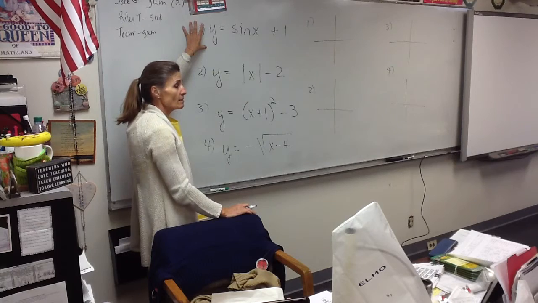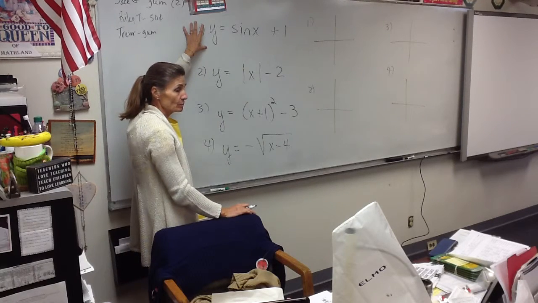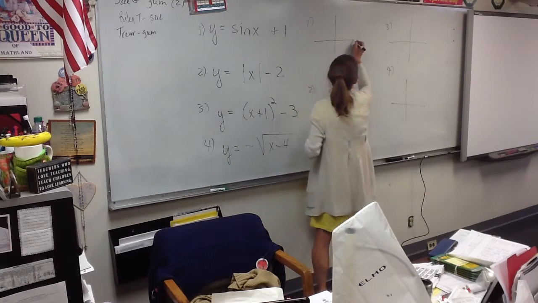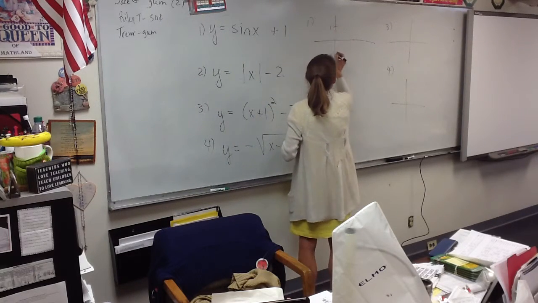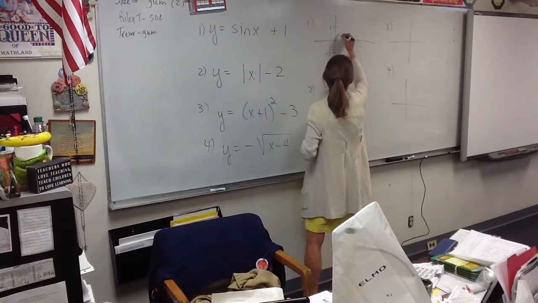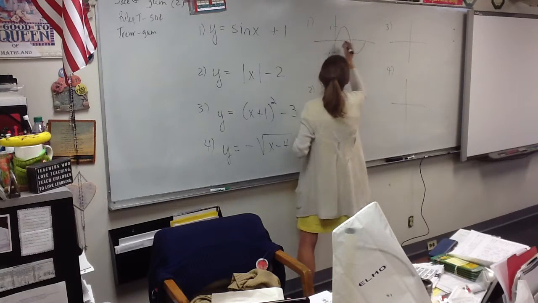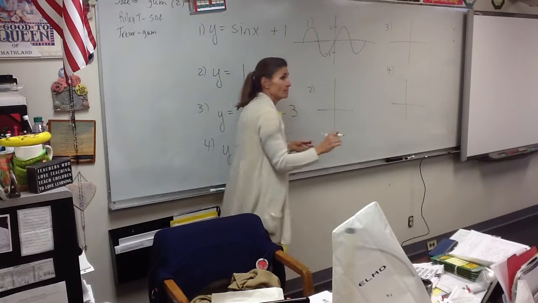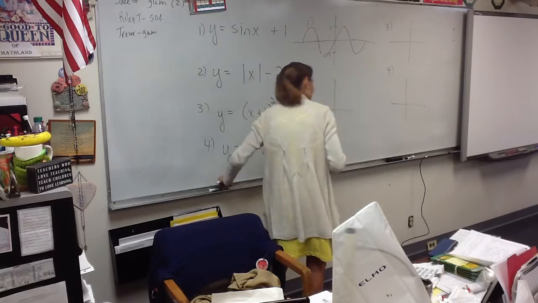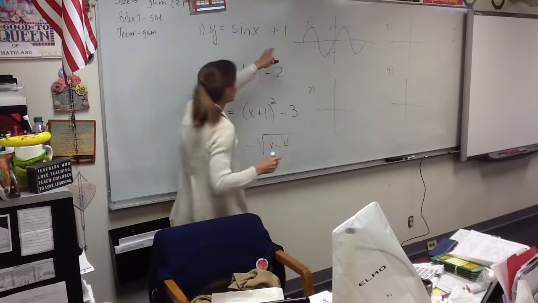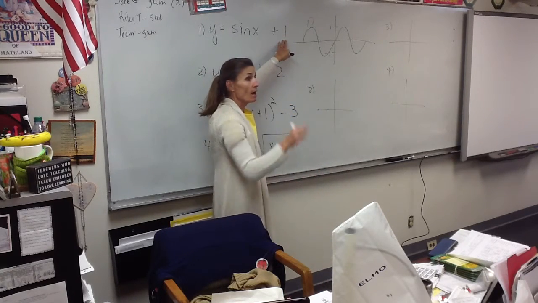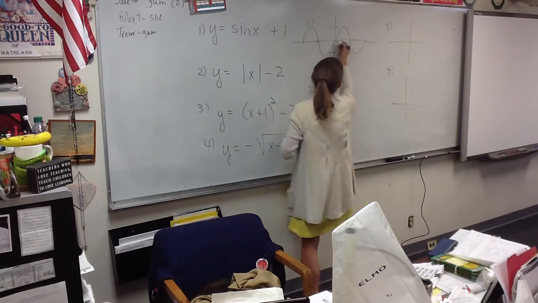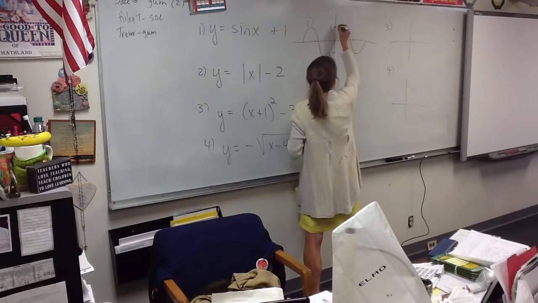Okay, wait a minute. This is a sine. Now a normal sine goes up 1 and down 1, right? So this would be a normal sine. Would everybody agree with that? Yes. Now, we're going to take that and move it how? Up 1. So this point, instead of being at the origin, is going to be up here, right?